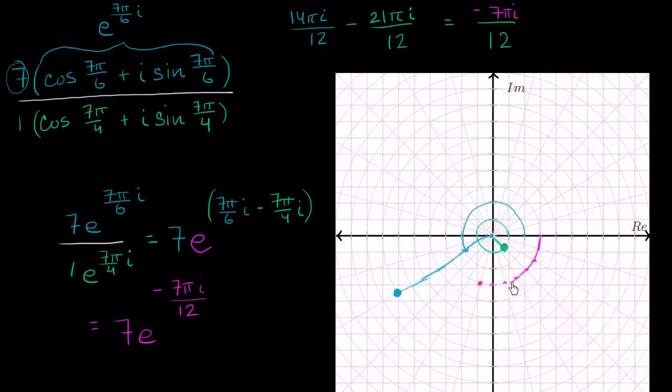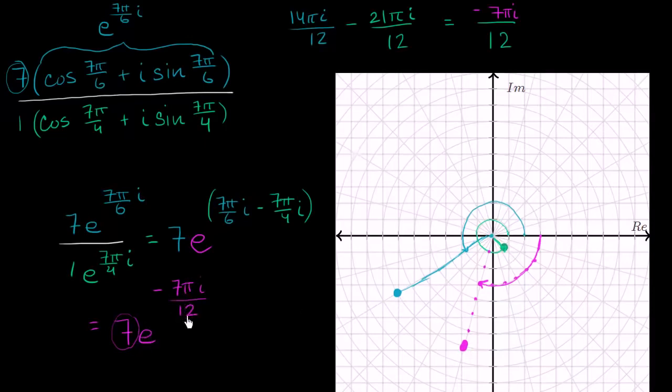This is our angle right over here. And our distance that we go out from the origin is 7. So we go out 1, 2, 3, 4, 5, 6, 7. So we come out right over there. So this complex number divided by that complex number is equal to this complex number, 7 times e to the negative 7 pi i over 12.